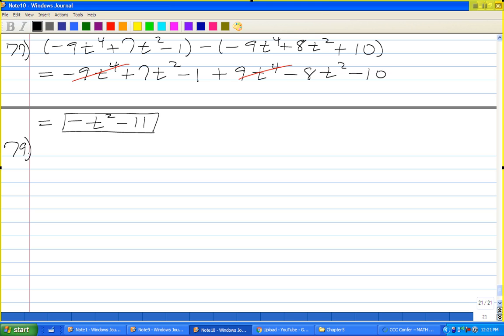79. 3n to the fifth plus 4n cubed minus 7n squared plus 8 minus 4n to the fourth minus 5n cubed plus n squared minus 4.